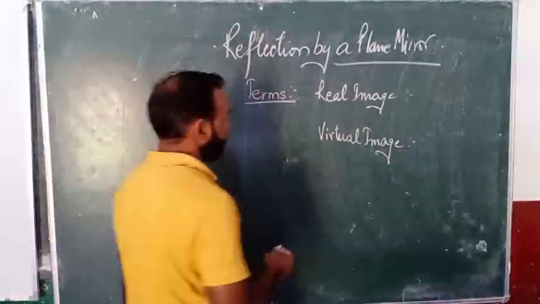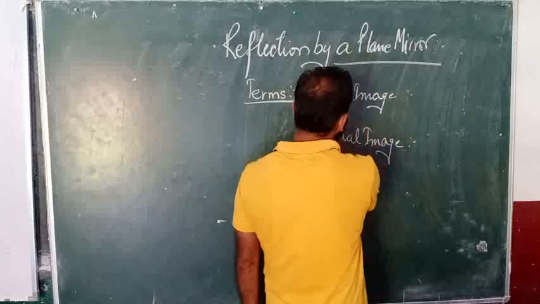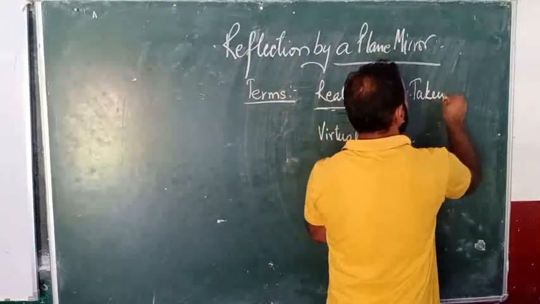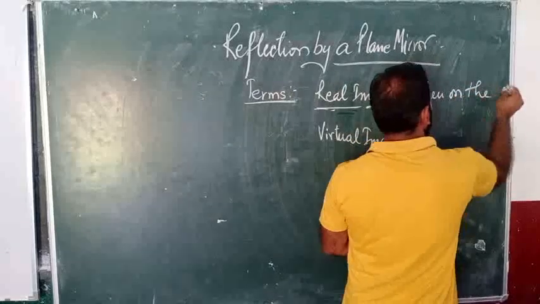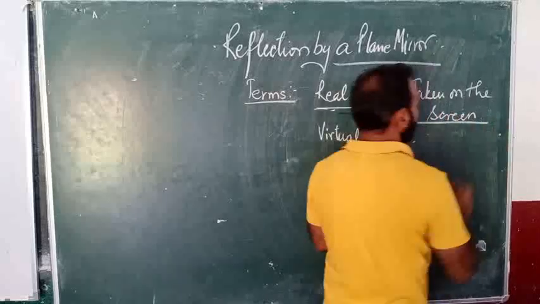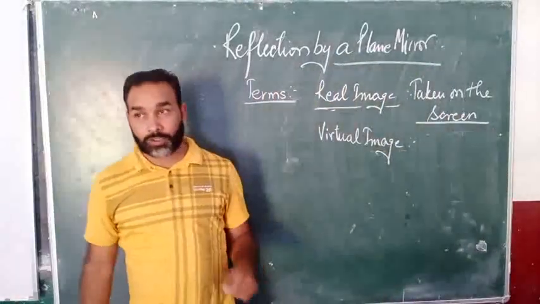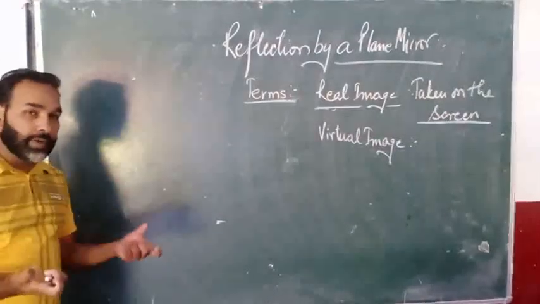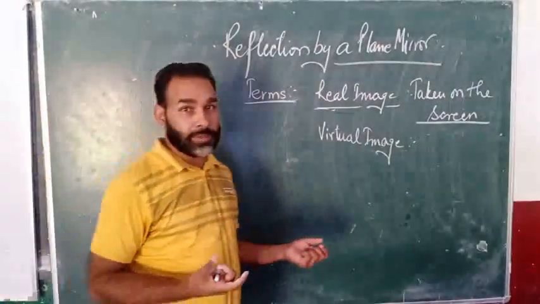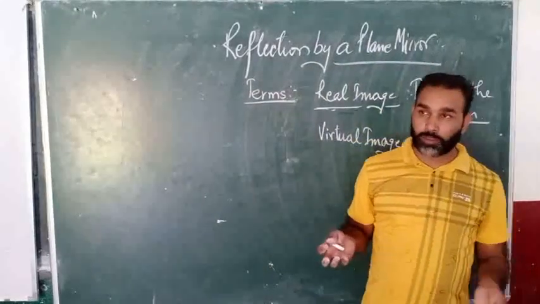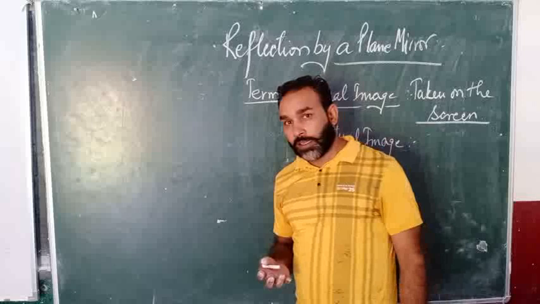So real image is an image which can be taken on the screen. ठीक है, that is called a real image, जिसको हम स्क्रीन पे ले सकते हैं। जैसे आपके कैमरे की इमेज होती है, that is a real image, या आप सिनेमा हॉल में मूवी वॉच करते हैं तो जो इमेज आपकी फॉर्म होती है पर्दे के ऊपर, that is also the real image.